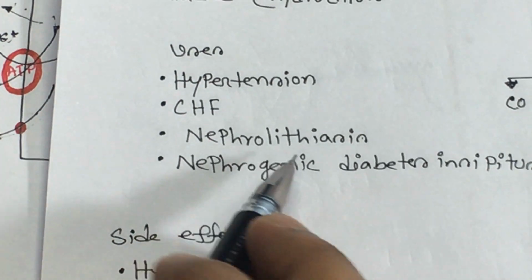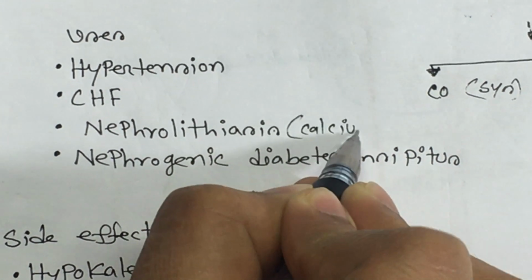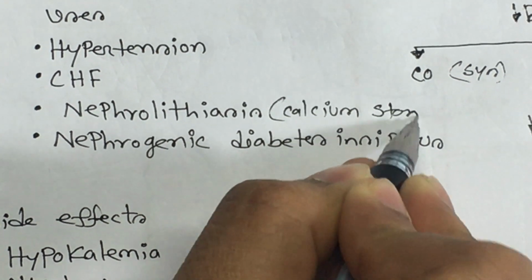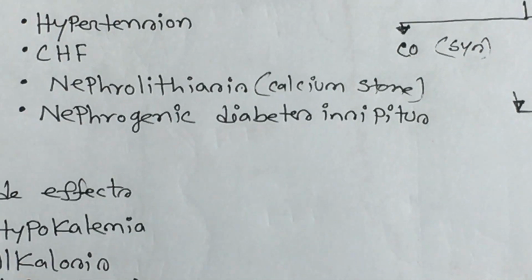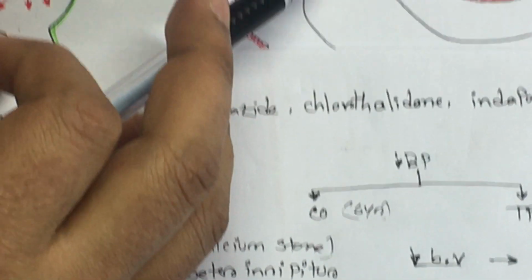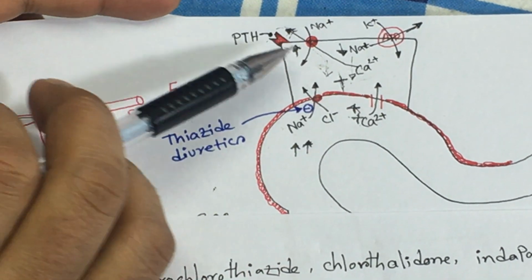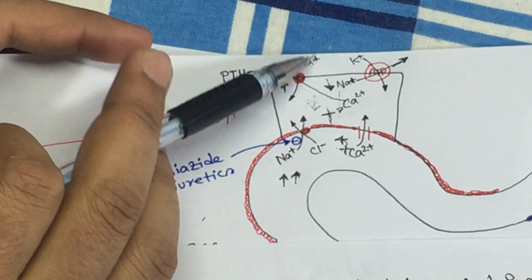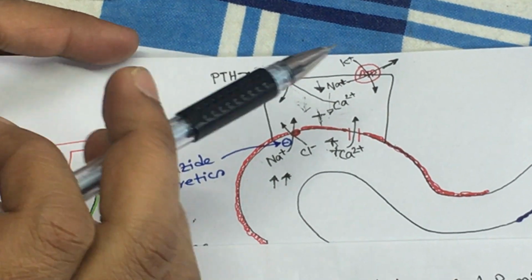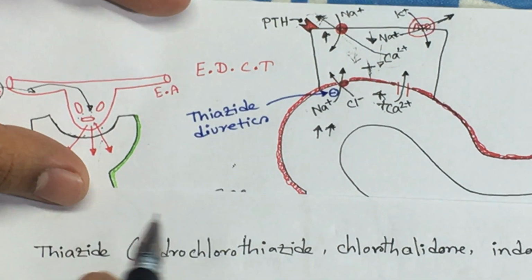Another use is nephrolithiasis, that means calcium stones. By using this drug we are increasing calcium reabsorption from the luminal area to the interstitial area, or the blood. How does this drug increase calcium reabsorption?